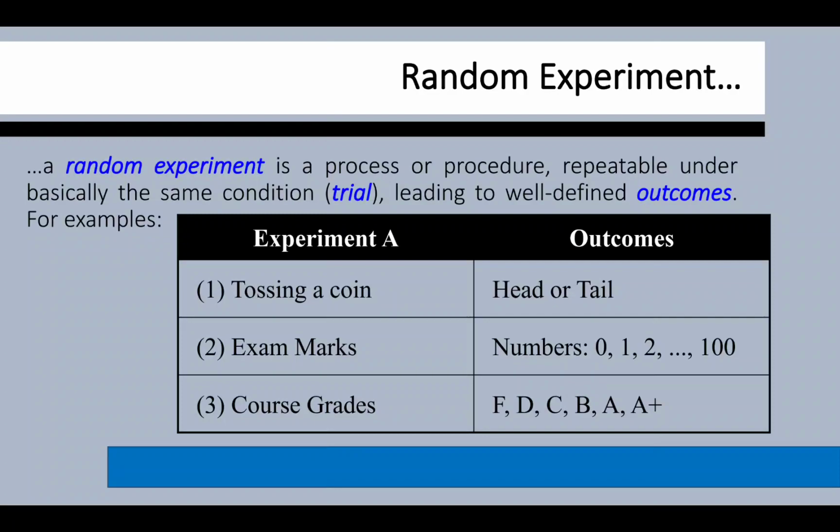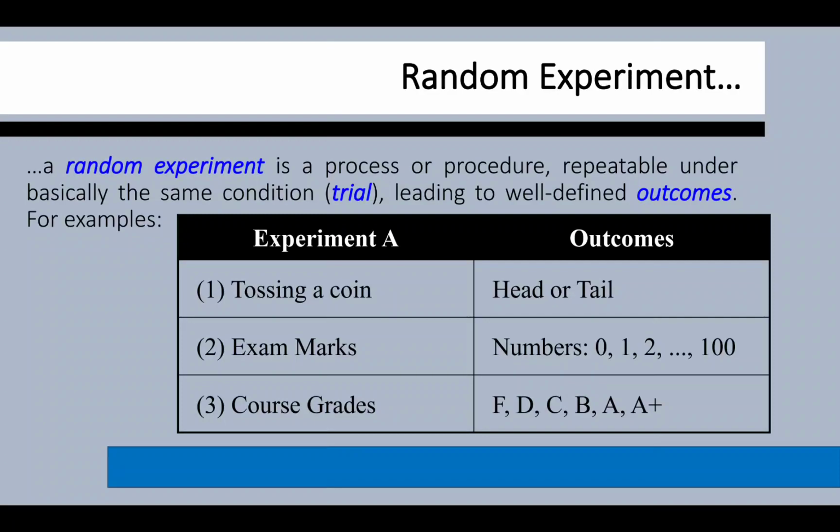We have these classical experiments that we always use to explain statistics: tossing a coin, rolling a die, yung deck of cards, yung mga colored balls in an urn. Yan yung mga example ng random experiment.